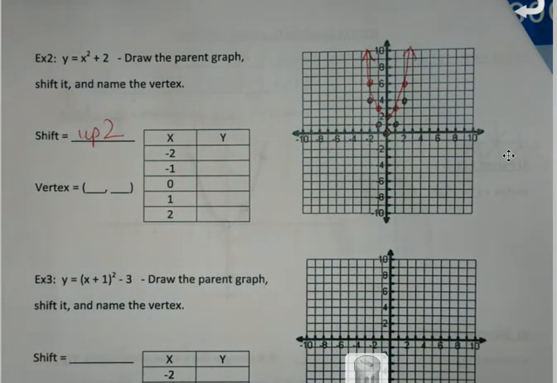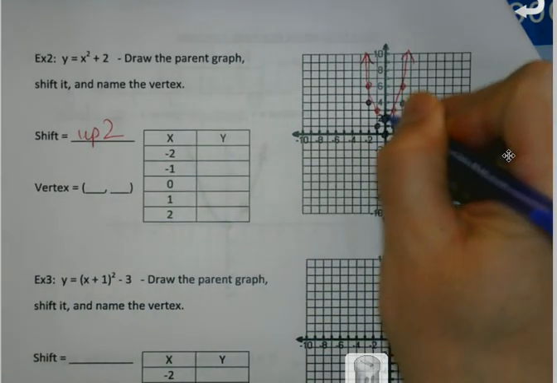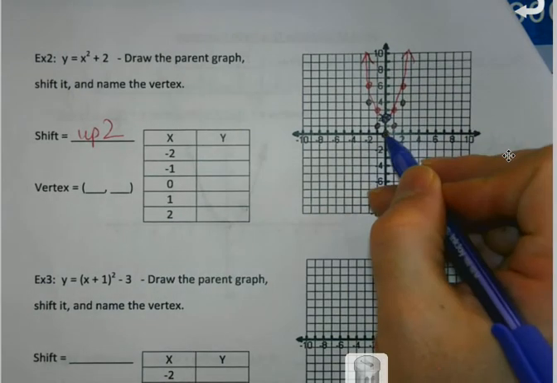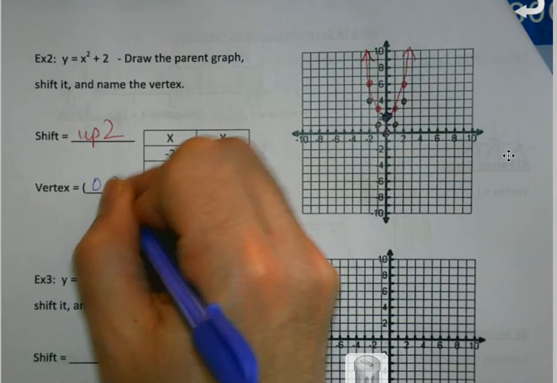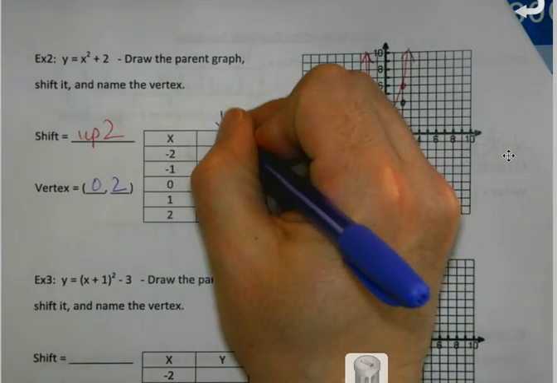I always like to go looking for my vertex. I see my change of direction is right here at 0, 1, 2. But like we mentioned on the front, any shifts up and down change my y value.